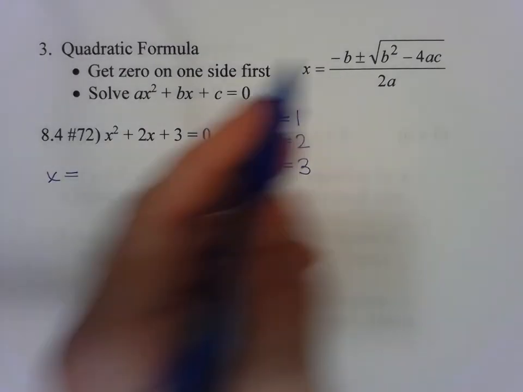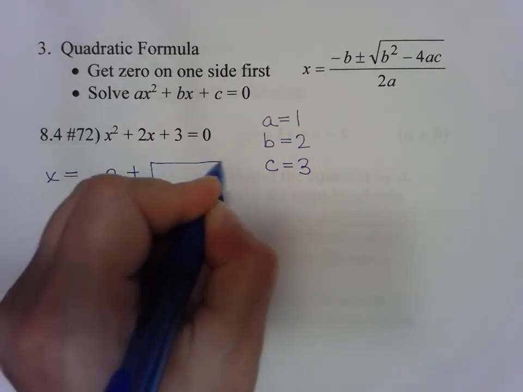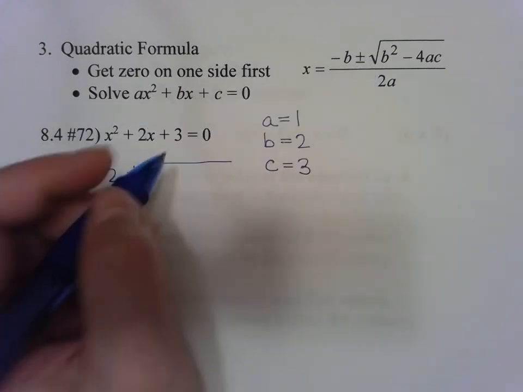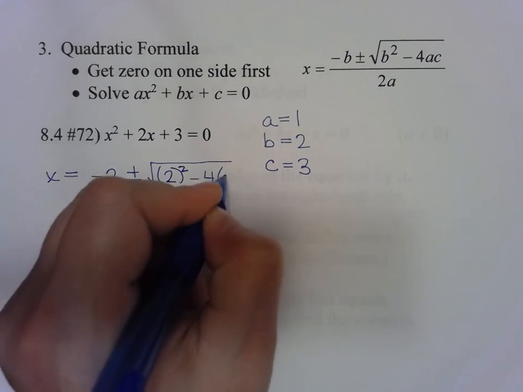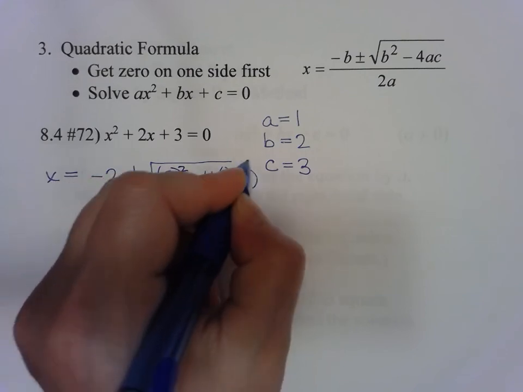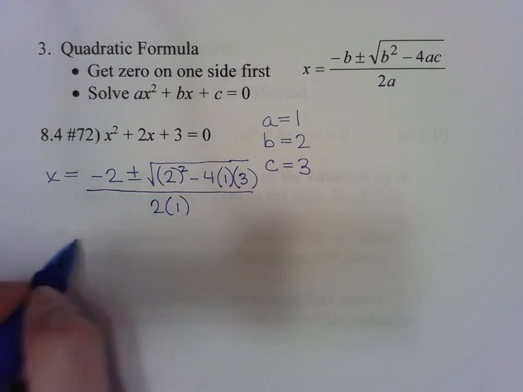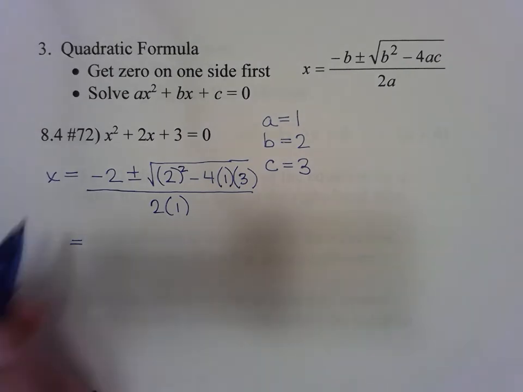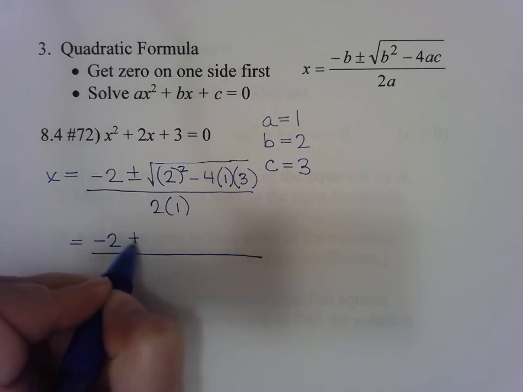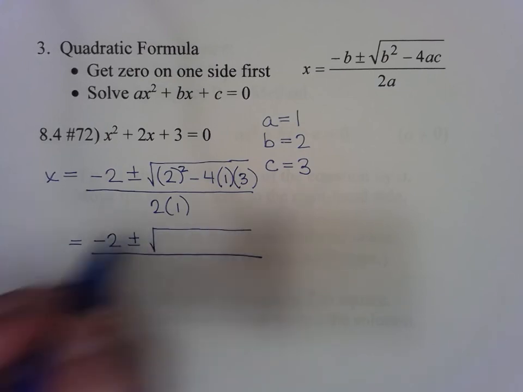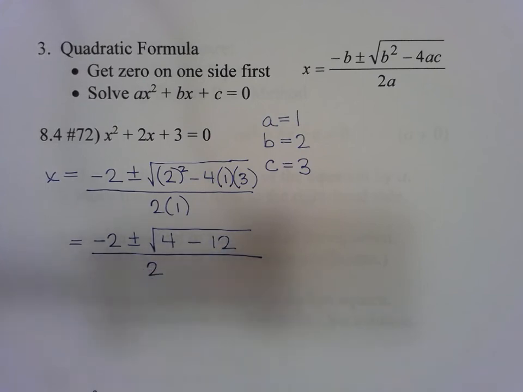So we've got the opposite of b plus or minus the square root of b squared, so 2 squared, minus 4 times a, which is 1, times c, which is 3, all over 2a, where a is 1. So this will give us negative 2 plus or minus the square root of 4 minus 12 over 2.